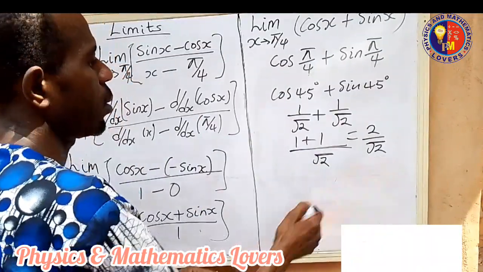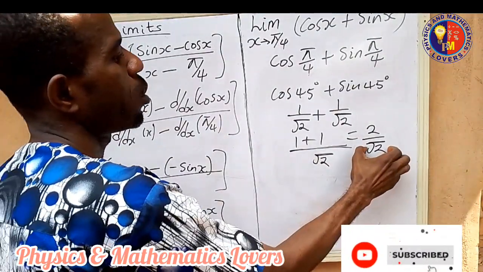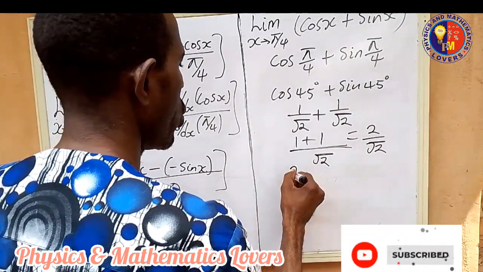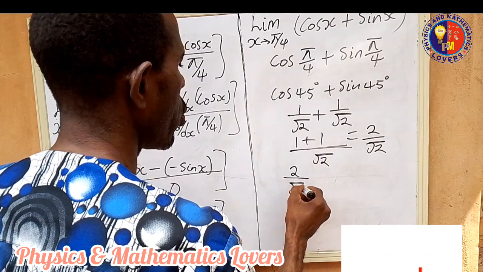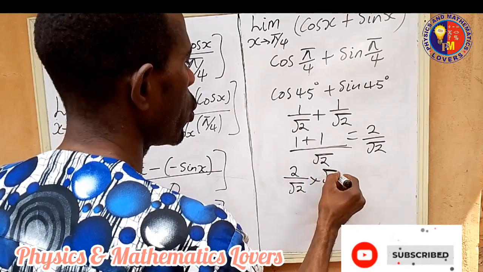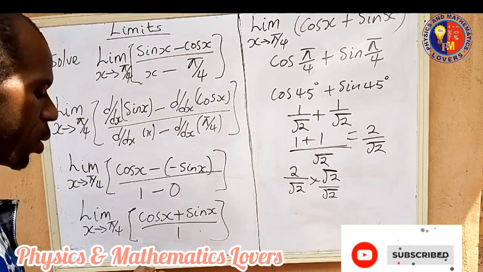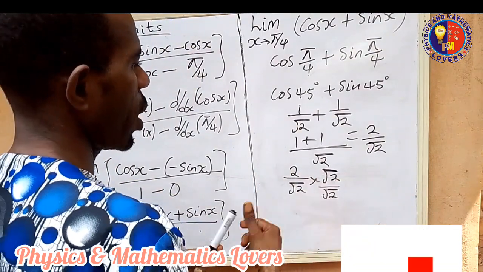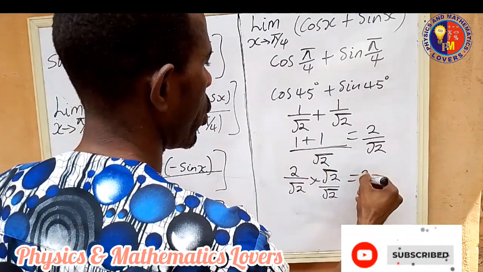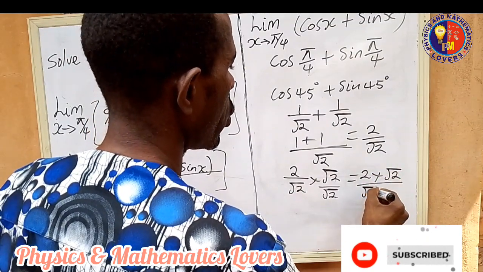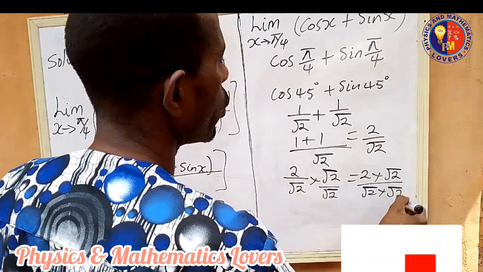Rationalizing means we multiply the numerator and the denominator by the denominator, which is root 2. So 2 over root 2 times root 2 over root 2 gives 2 times root 2, all over root 2 times root 2.